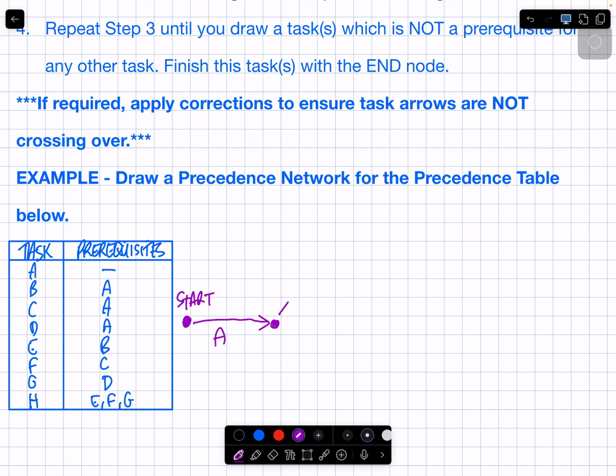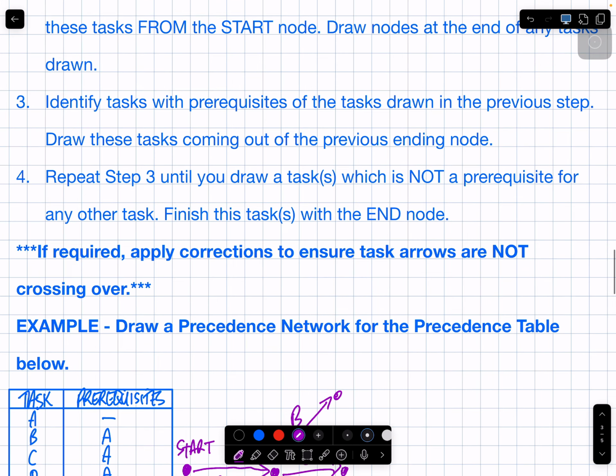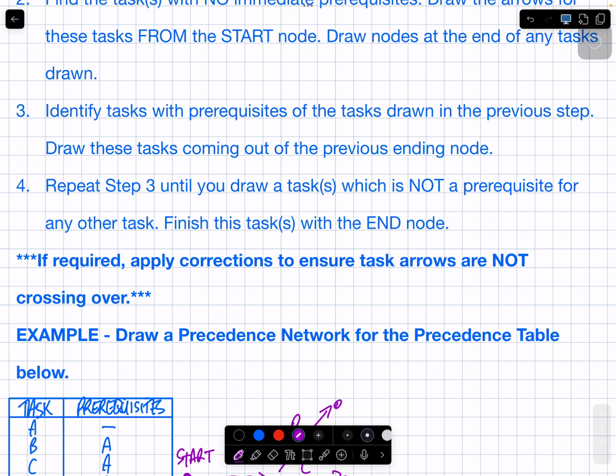I'm going to draw them coming out of the end of A. B, C, the letters should go alongside. B, C, and D. Draw little nodes at the end of each of these. So we just did step 3.